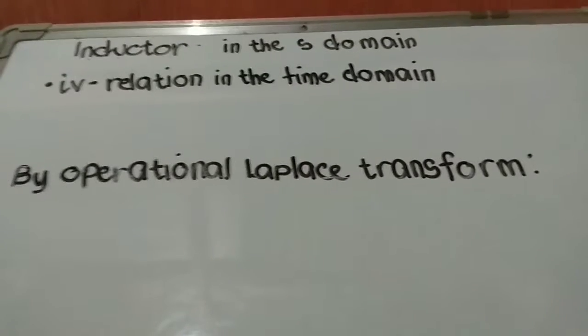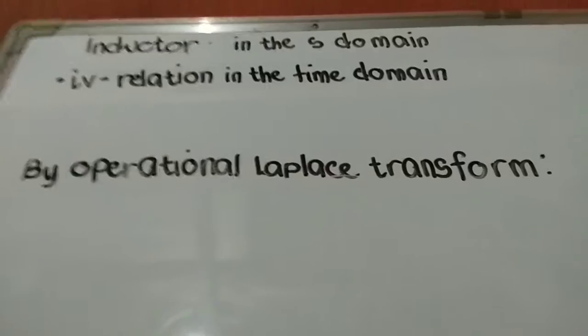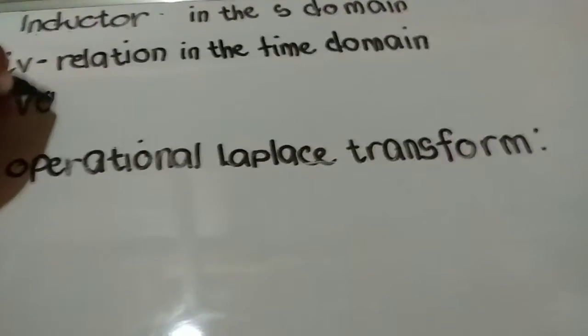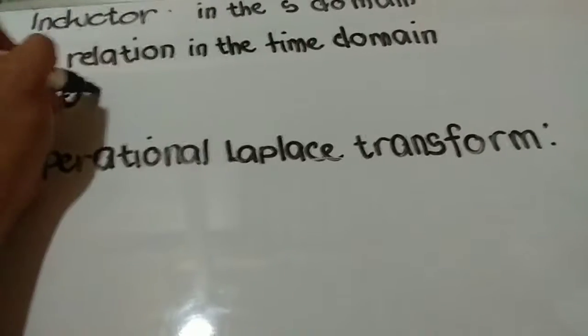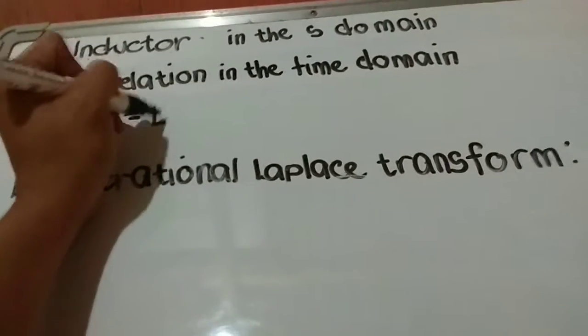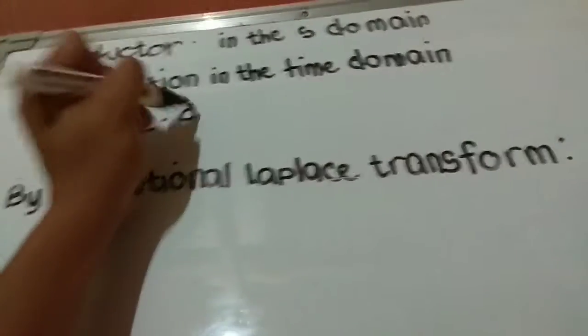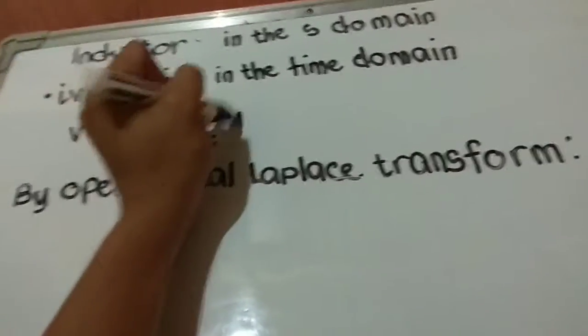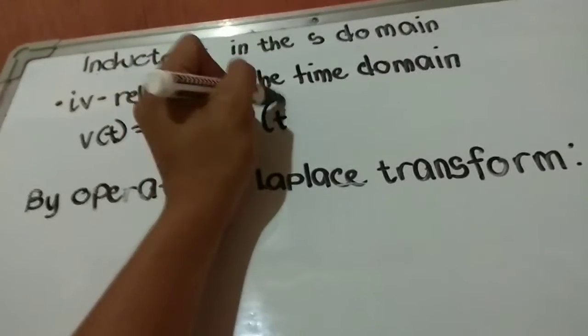The current and voltage relation in the time domain in an inductor is v(t) is equal to L times d over dt times i in terms of time.